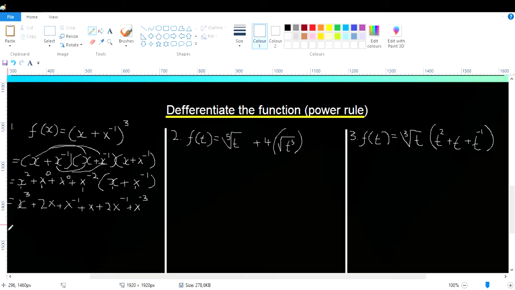Okay, here we have like terms. Let's add the like terms. Here we have like terms, and then we have another like terms.